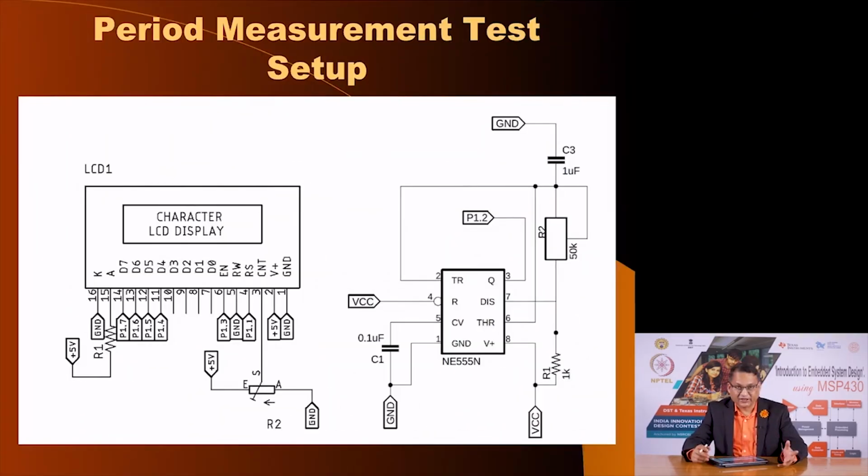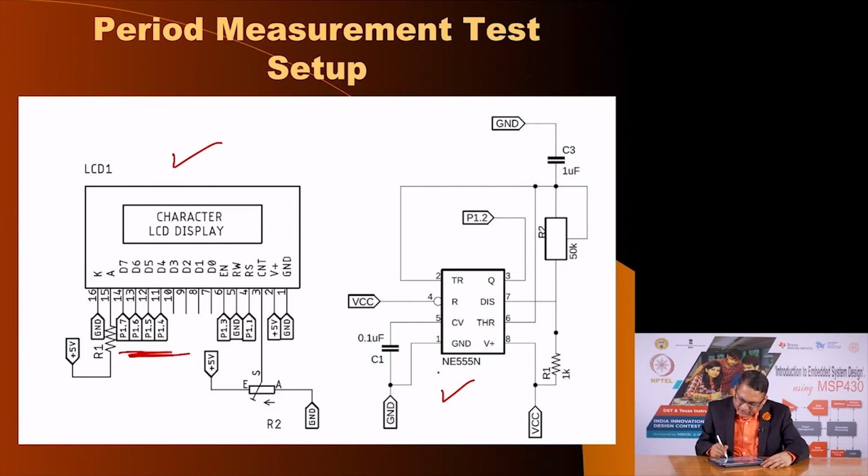Now, to be able to measure, obviously I need some source of unknown signal which I can verify. So, what we have done here is we will display the frequency and period on the LCD. We already covered how to interface the LCD to our MSP430. In this case, we have used port 1 pins, and to generate the unknown period or unknown frequency, we have rigged up a 555 based astable multivibrator.